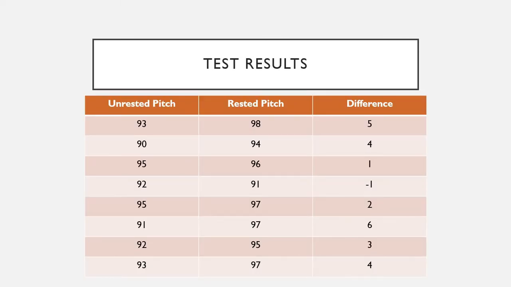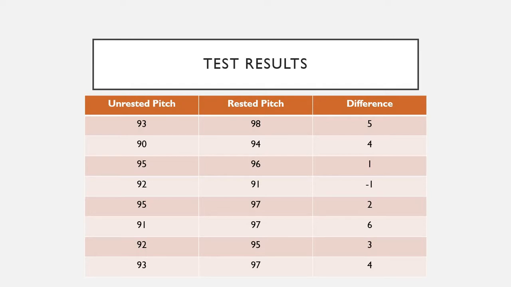So, for the unrested pitch, pitcher 1 threw 93 miles per hour, pitcher 2 threw 90, 3 threw 95, 4 threw 92, 5 threw 95, 6 threw 91, 7 threw 92, and 8 threw 93.